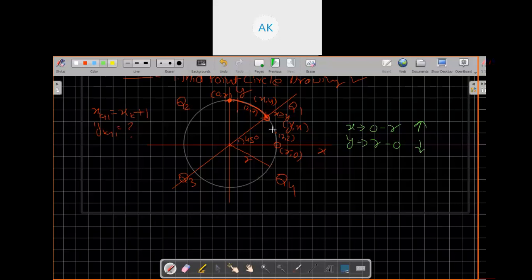Initially your x value is 0. At this point your x value will be r. So you are moving from 0 to r, meaning your x value is increasing when we are in the first quadrant, and the y value at this point is r, and it is slightly decreasing, and the last point of the first quadrant will be 0, meaning the value goes from r to 0, so it is decreasing.